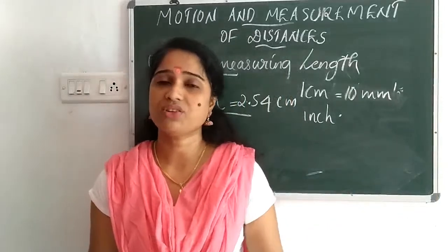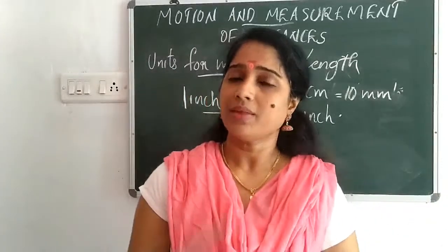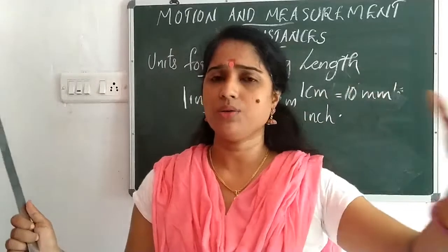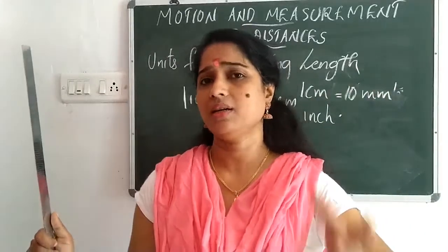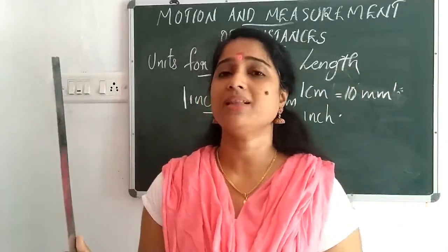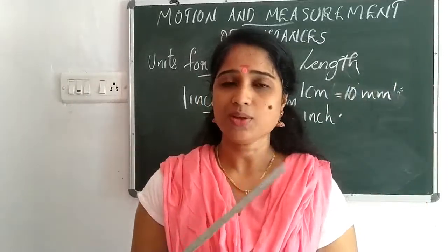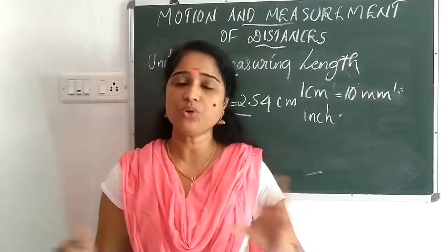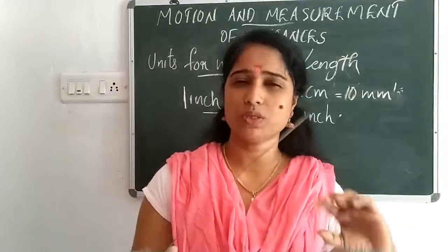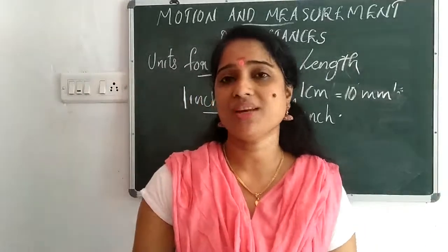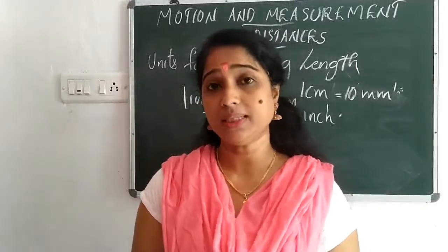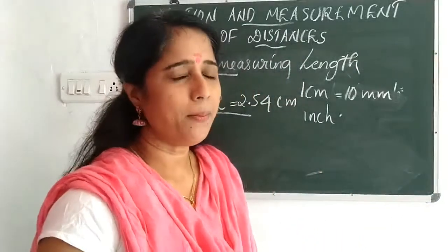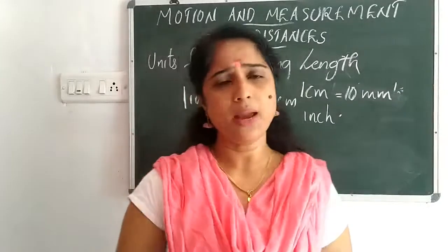In a rectangle, 2 sides are equal. Then the teacher may ask you to draw a rectangle, length 3 centimeter, breadth 1 centimeter, or length 5 centimeter, breadth 3 centimeter. So likewise, for smaller distances, you often use the terms centimeter and millimeter, the smallest one being millimeter.